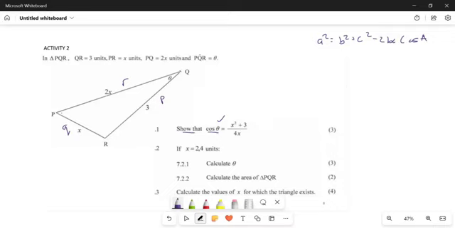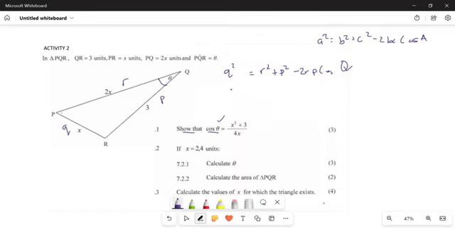Now, given triangle PQR, how would we define this? I'm going to start with small letter q because we have Q. So small letter q squared is equal to r squared plus p squared minus 2rp cos of Q. Then we substitute.